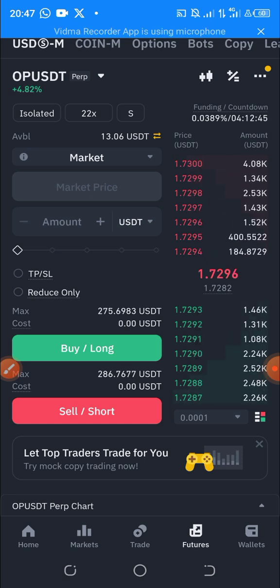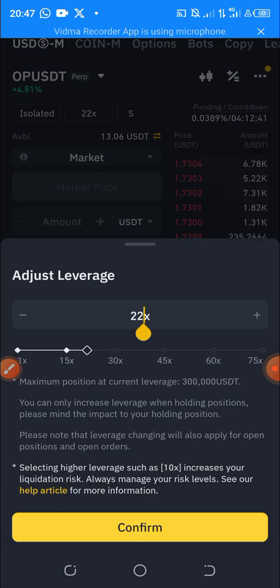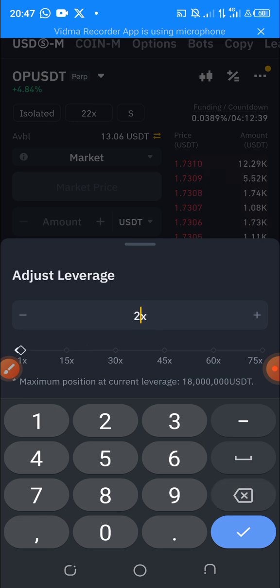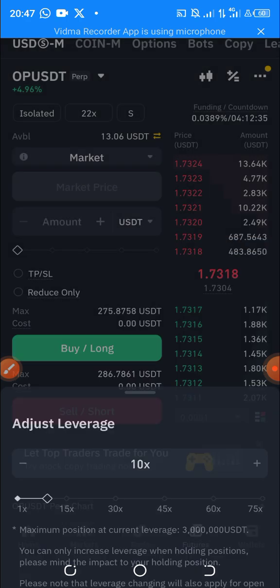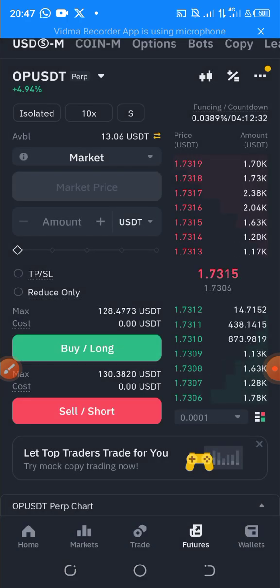So I have to set my margin as 10x. Once my margin is at 10x, with my $5 I can enter a trade of $50. My money is just $5, and the one I borrowed is $45.